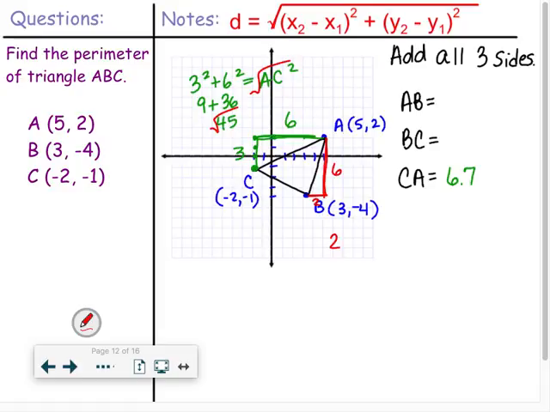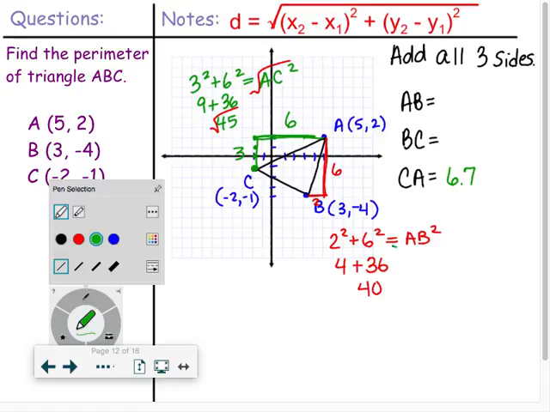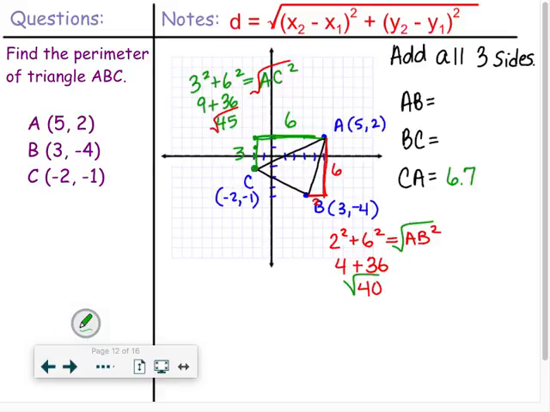So 2 squared plus 6 squared equals AB squared. 2 squared is 4, 6 squared is 36, so 40 equals AB squared, and then I would do the square root. So the square root of 40 is about 6.3, so this is for side AB, 6.3, and now I only have one left.